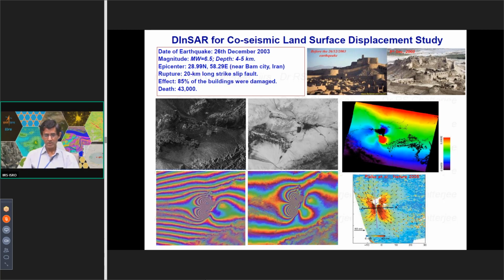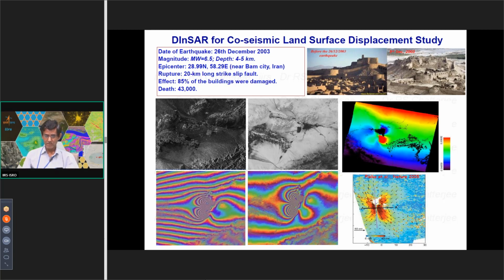Now if you study a little more, go to the middle right. It is shown in red, orange, yellow, green, blue and indigo. In this case the displacement is shown in different colors, in meters.